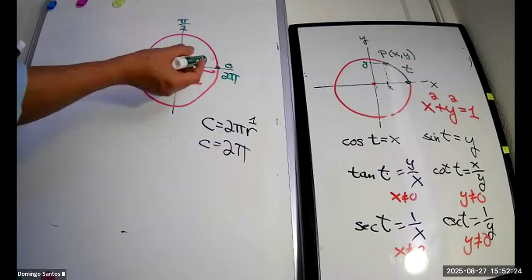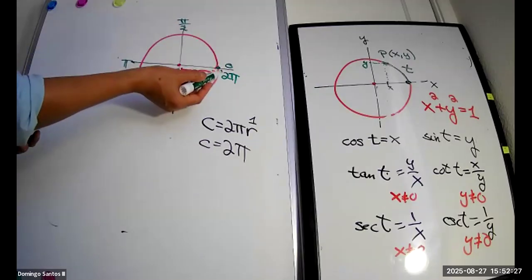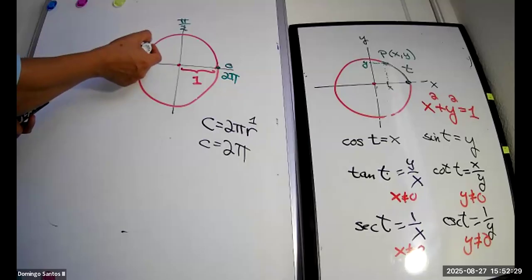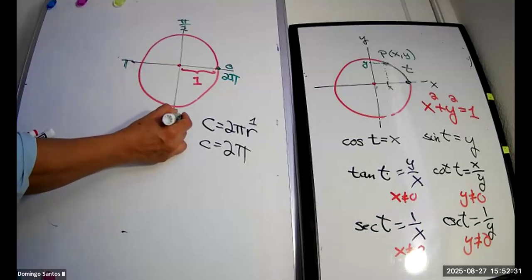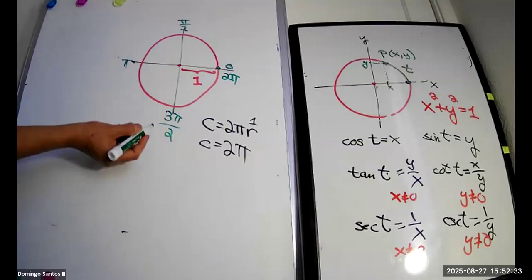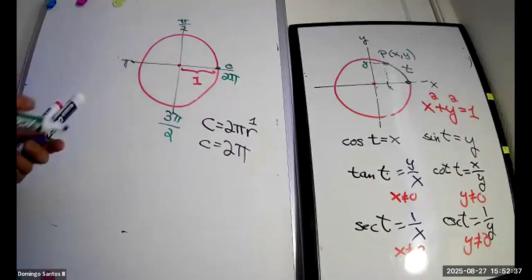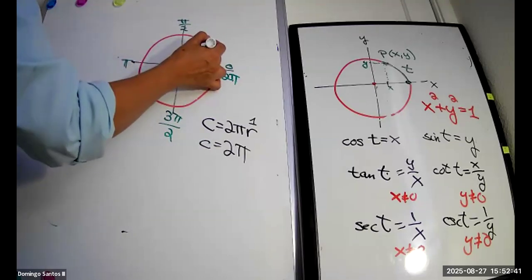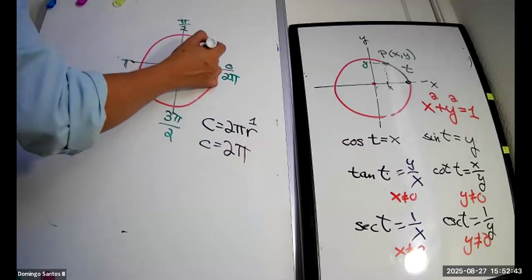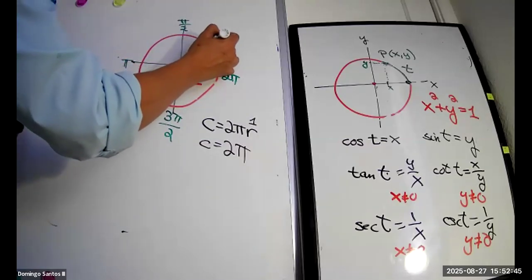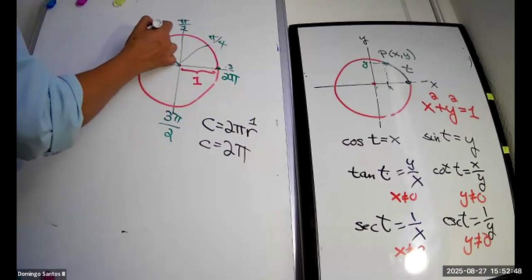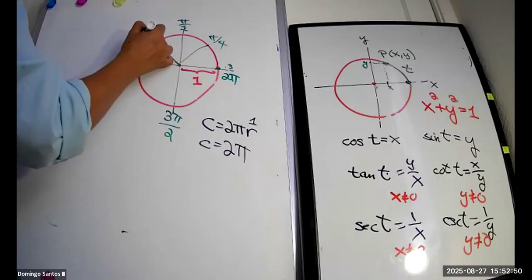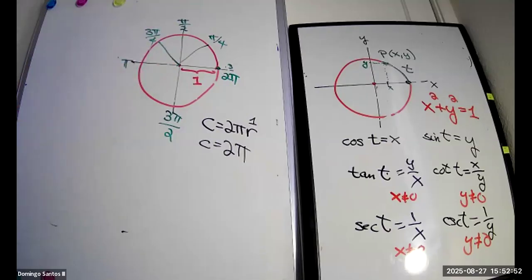Very good. So this is 0, pi over 2, pi, and this is 1 and 1/2 pi, then 2 pi, as you go along. That's how you do that. If you want half of pi over 2, that's pi over 4, and this is 3/4 pi, and so on and so forth.